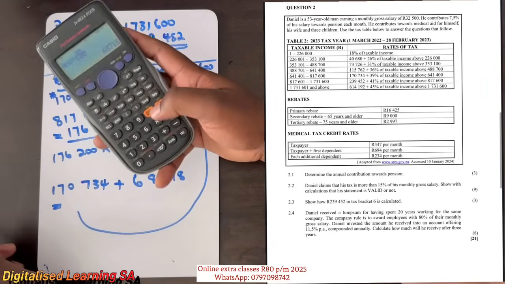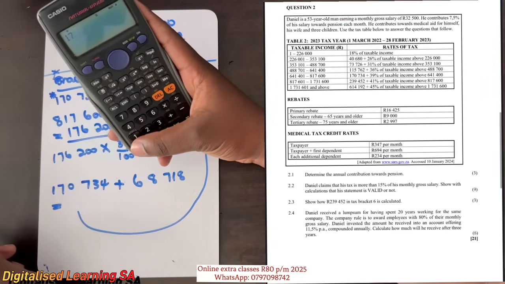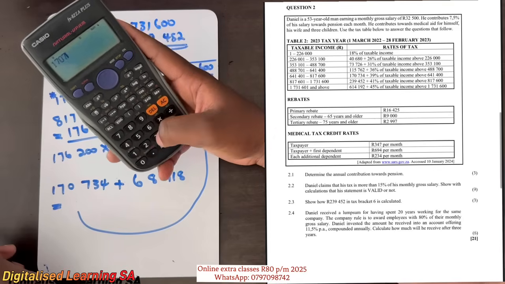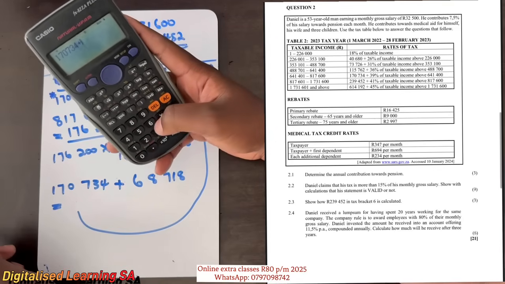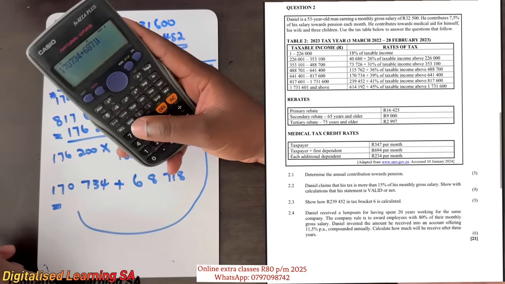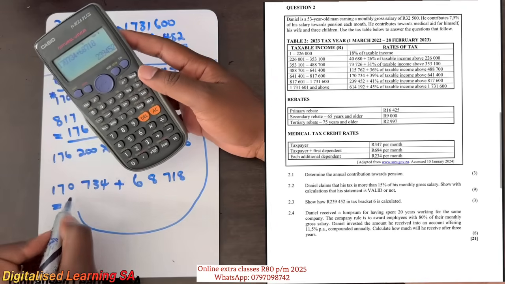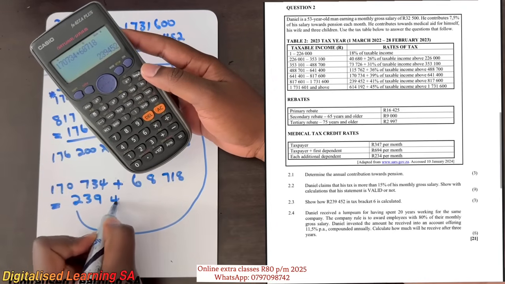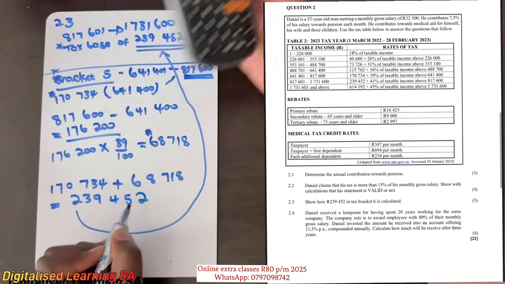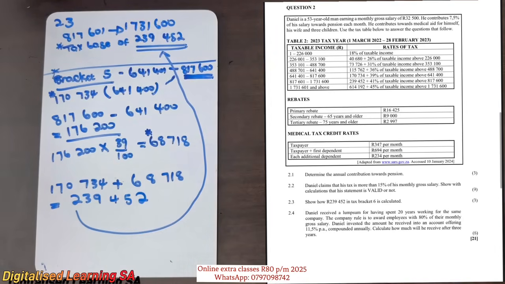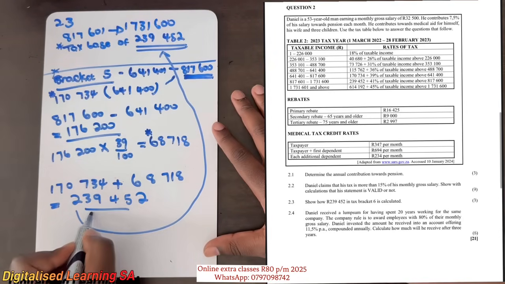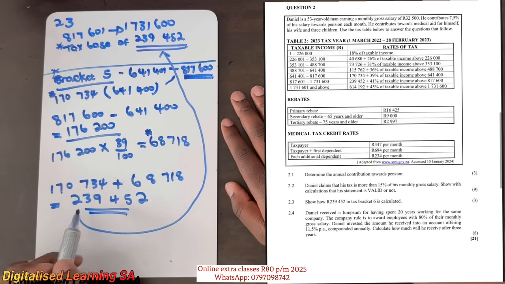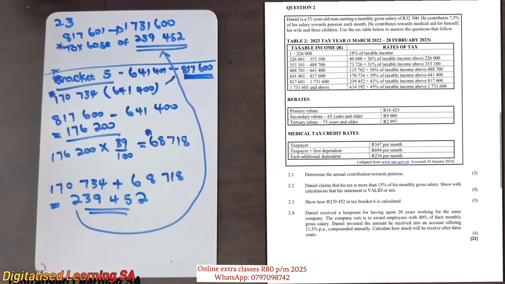Okay, so let's prove that. We say 170,734 plus 68,718, and our answer is 239,452, and that's correct. So now we have shown how this tax base was calculated.